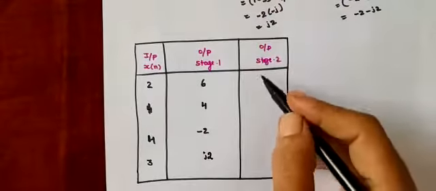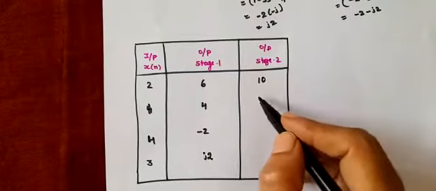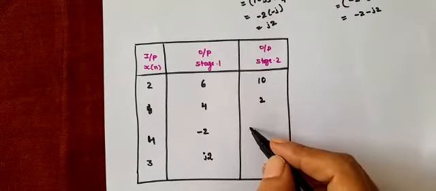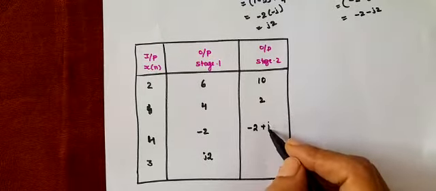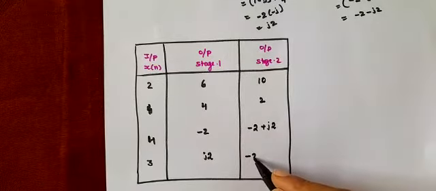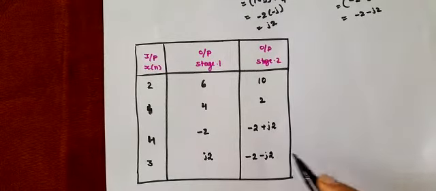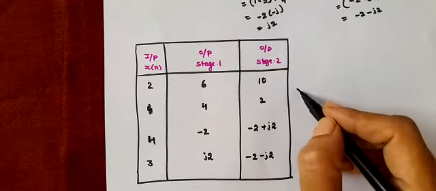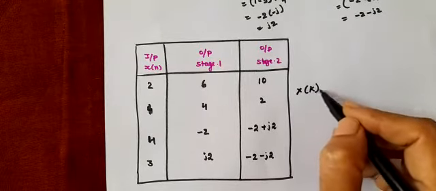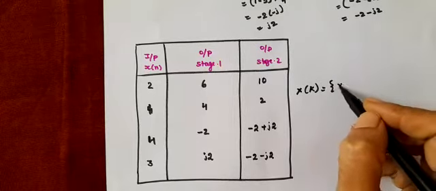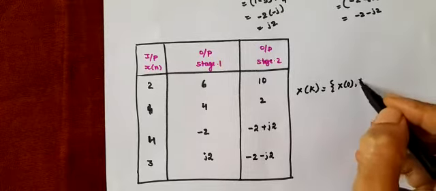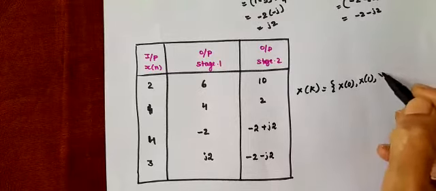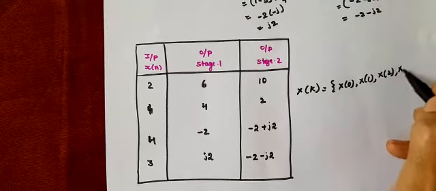Write it in this table. But how are they? In the bit reversal order. So you have to write x of k. What is x of k? x of 0, x of 1, x of 2, x of 3.